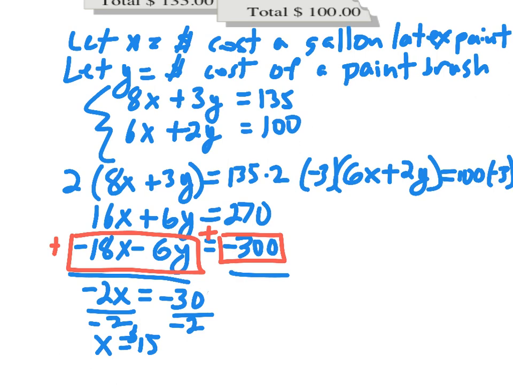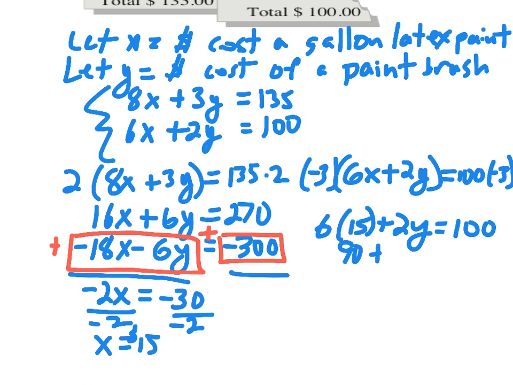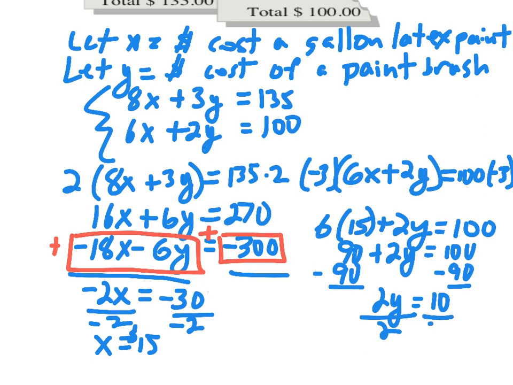So if I go 6 times 15 plus 2y equals 100. So 6 times 15 is 90 plus 2y equals 100. So subtract 90 and you get 2y equals 10. So that means that the paintbrushes were $5.